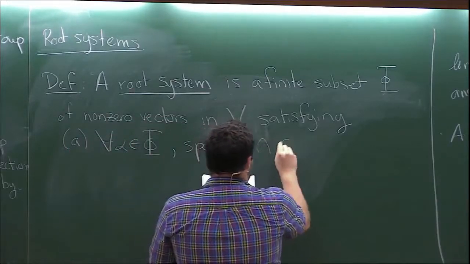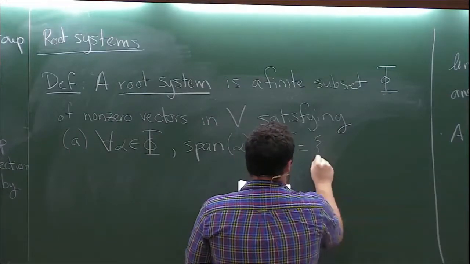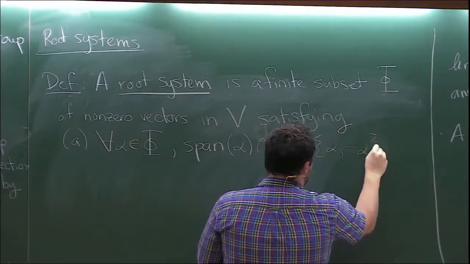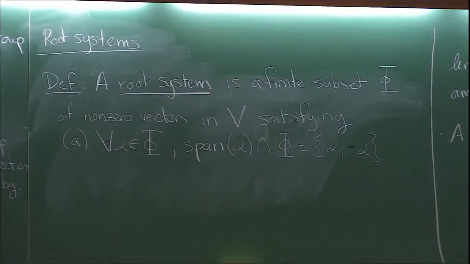So the span of alpha intersect this collection is just the vector and its negative. What that's saying is if I include a vector, then the only scalar multiples that I have are the vector and its negative.